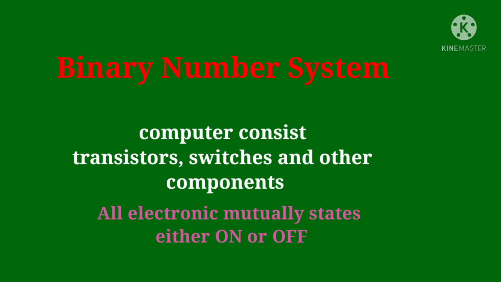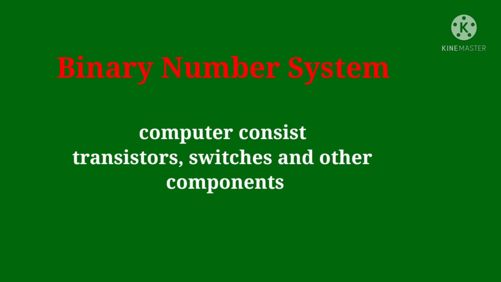So the binary digits represent these two states. Every instruction to the computer is converted into zeros or ones, which is understood by the computer, and this language is known as machine language.